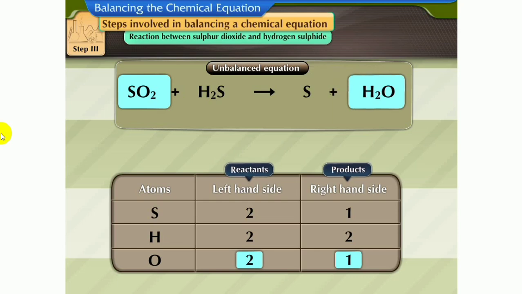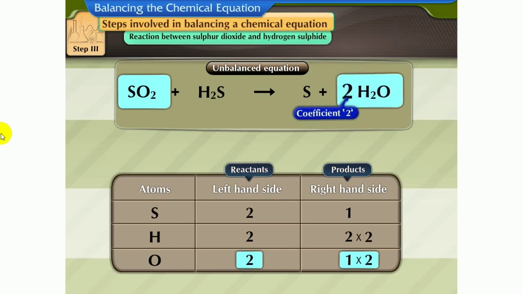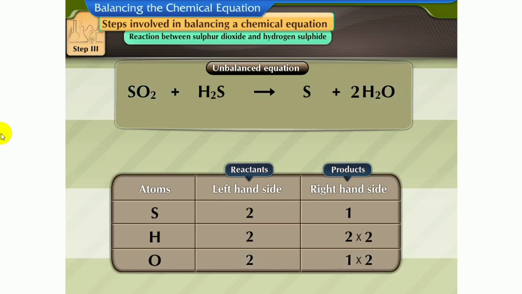We can put the proper coefficient 2 for the H2O molecule to balance the oxygen atom to get 2H2O. The equation can be expressed as SO2 plus H2S gives S plus 2H2O.